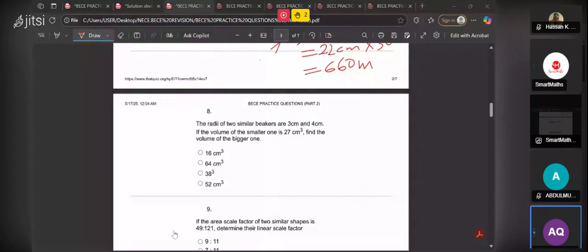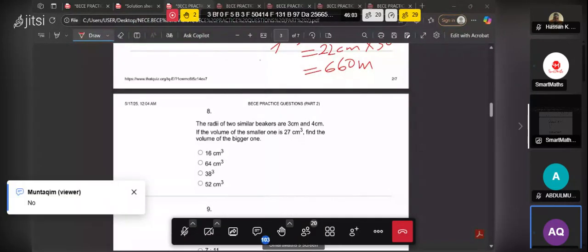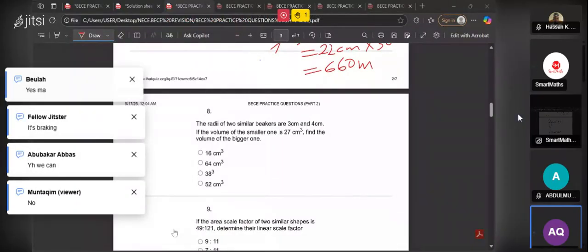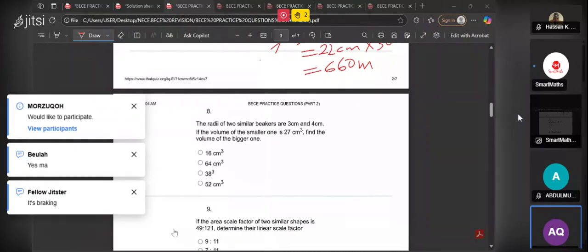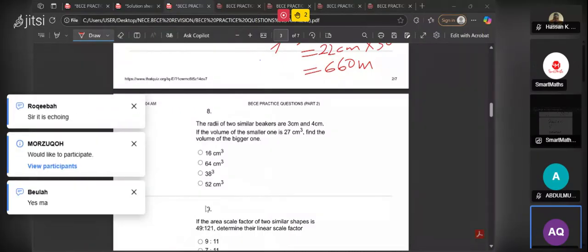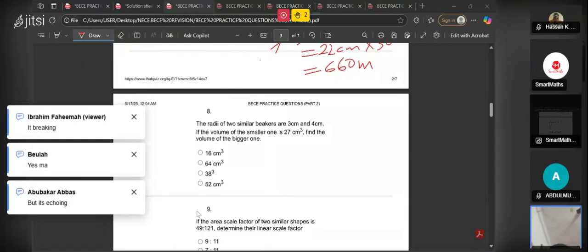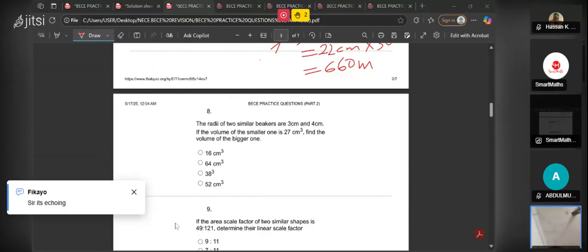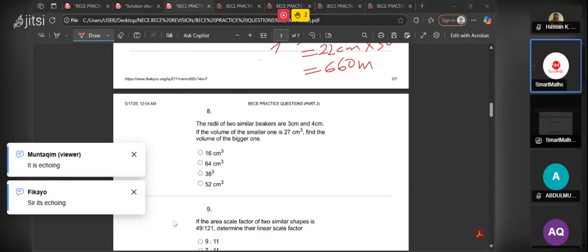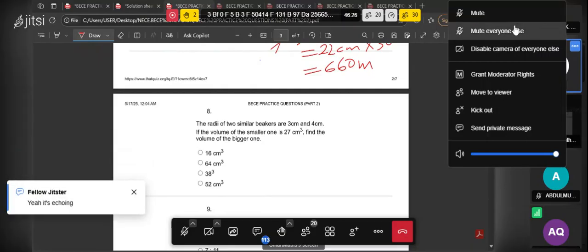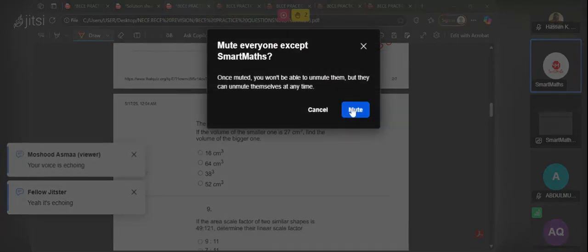Can everybody hear me? Okay, good. If you cannot hear me, if it's breaking, that is your network. What you can do is log out and re-log in. It's echoing. So everybody should just mute yourself. Okay, someone said it's echoing.